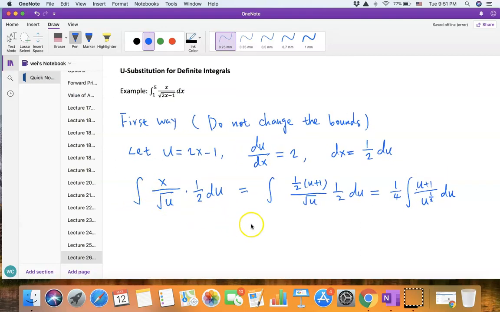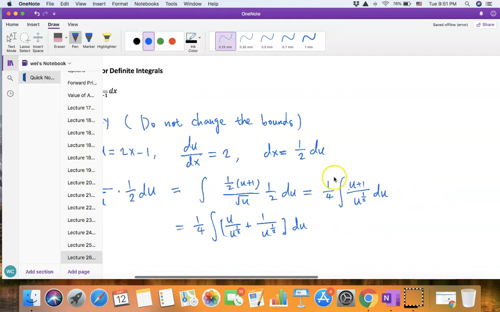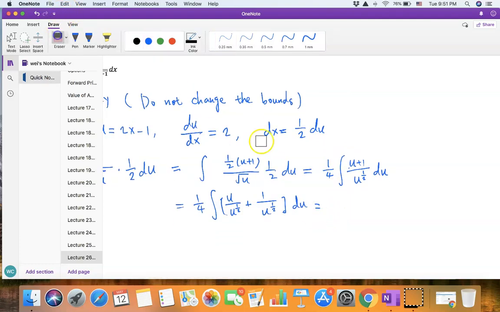And then we can split this into u over u to the power of 1/2 plus 1 over u to the power of 1/2, du, which equals u to the power of 1/2 plus u to the power of negative 1/2.